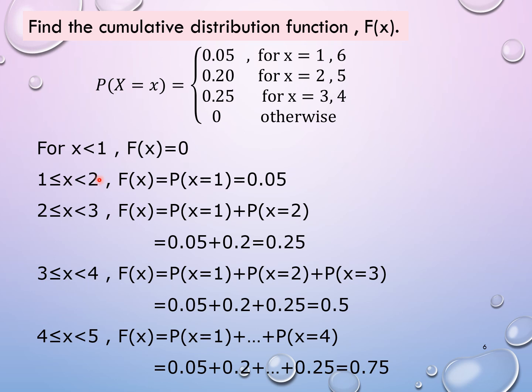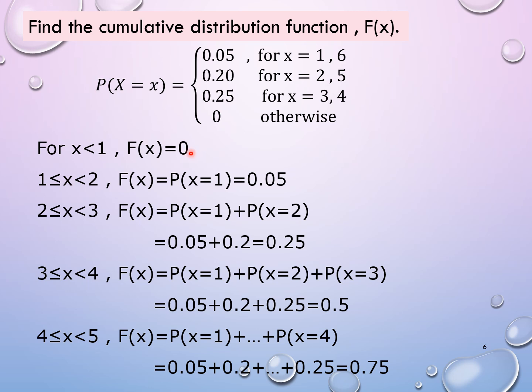First, for x less than 1, we start with 1 over here. But for here, you write it down less than 1. Why? Because it's cumulative. Cumulative means it includes the previous numbers. So F(x) equals 0.